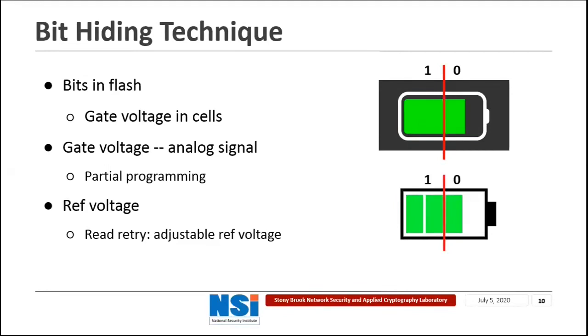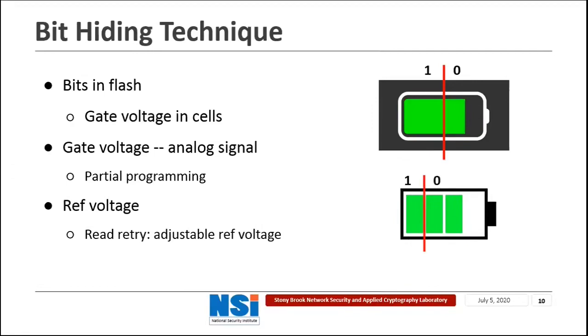Let's see a simple example here. We charge a cell with partial programming to have some gate voltage we want. With the original reference voltage, this cell is set to store a bit 0 as the gate voltage is larger than the reference voltage. However, when we change the reference voltage to be larger than the gate voltage we charged it to be, this cell is set to store a bit 1 now.